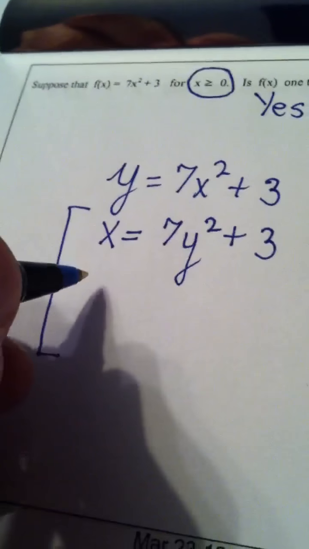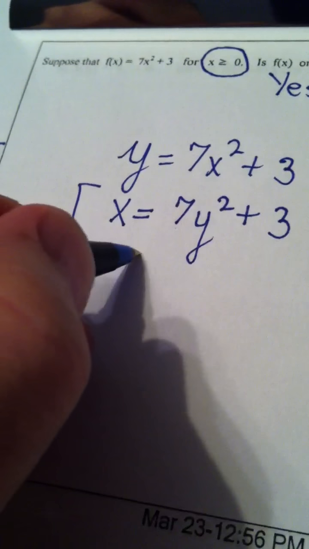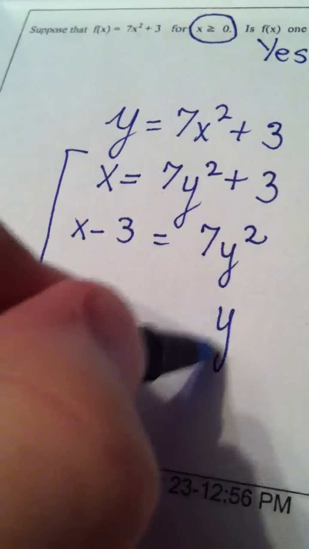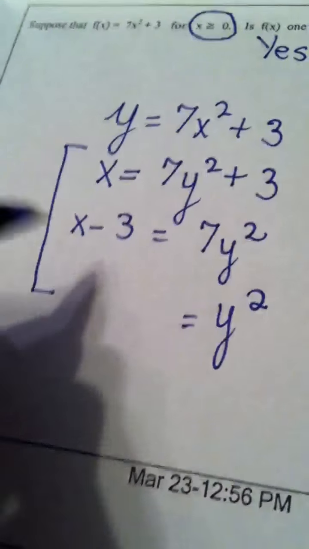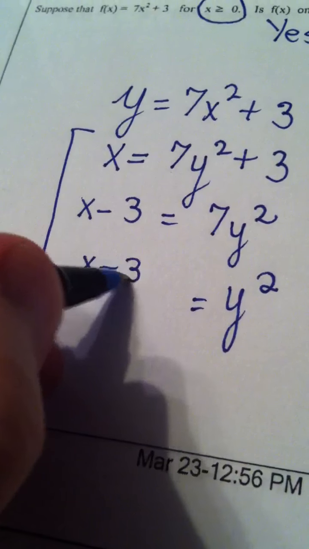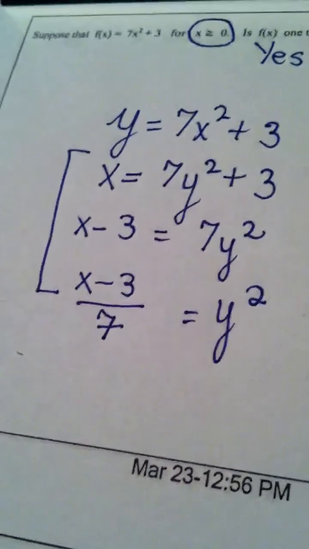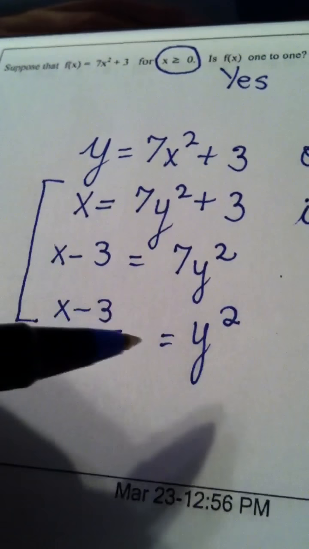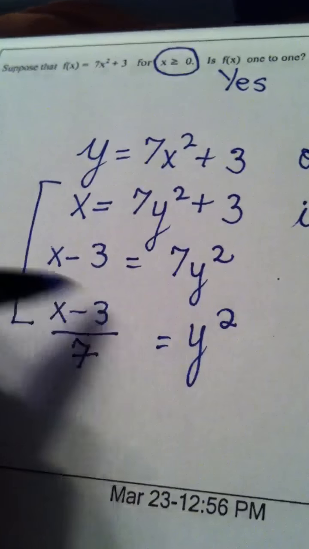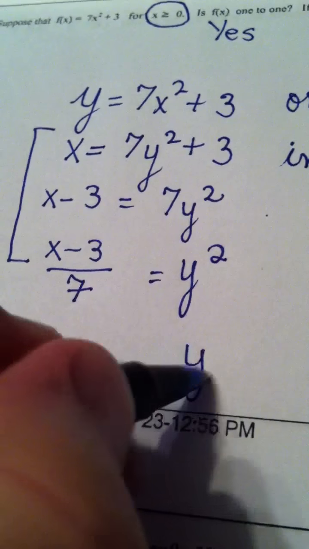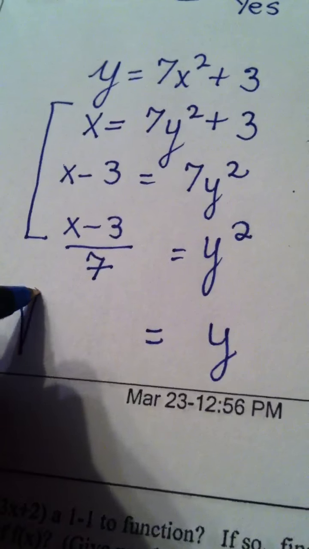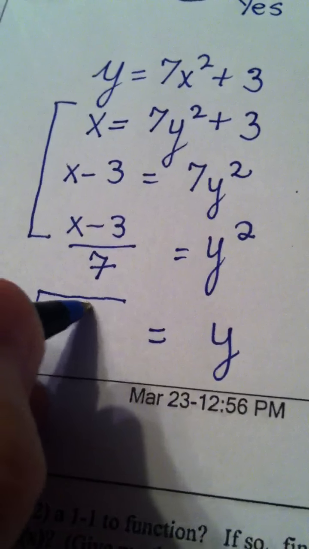So I'm going to subtract 3. I'm going to divide by 7. And now I'm going to apply the square root property. If y squared equals a quantity, then y is equal to plus or minus the square root of that quantity.